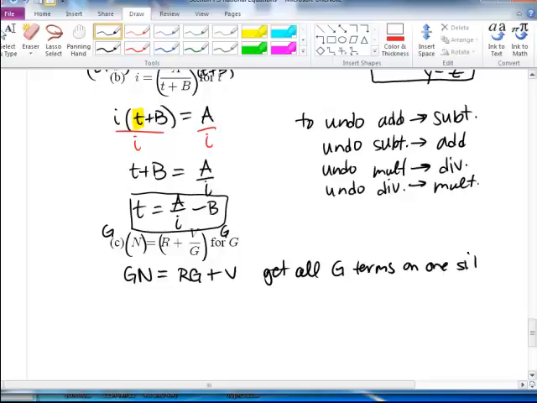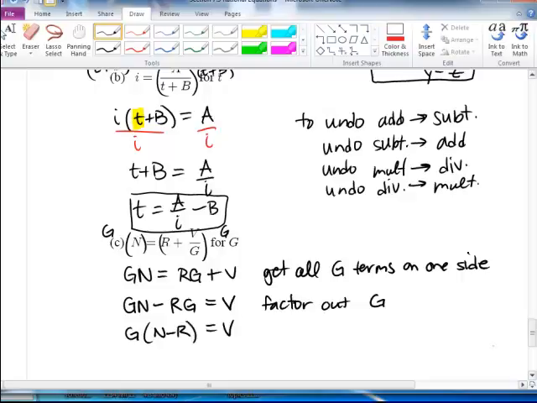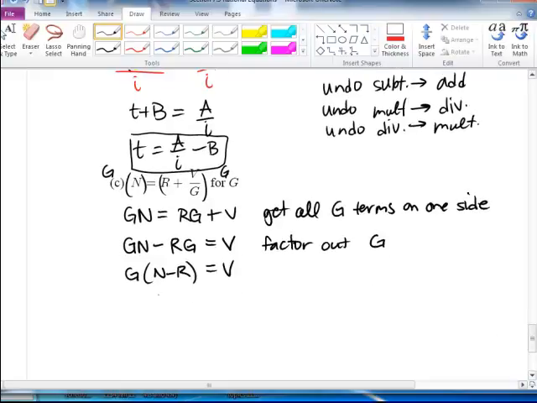And to move a whole group, I would subtract or add. So I'm going to subtract capital R times capital G. So I'll have G times N minus R times G equals V. Then factor out the G. And then divide by N minus R. And we're done.